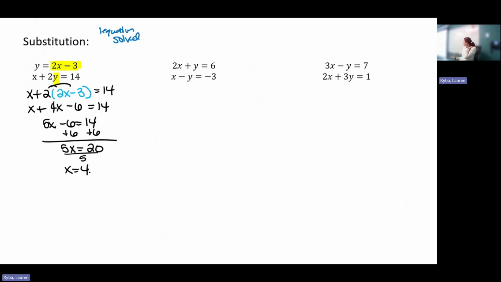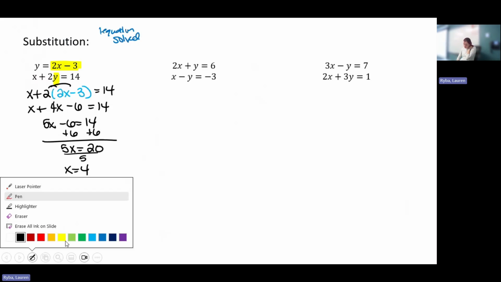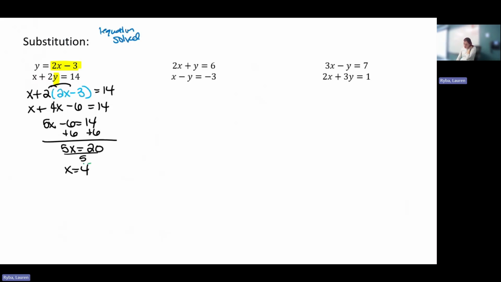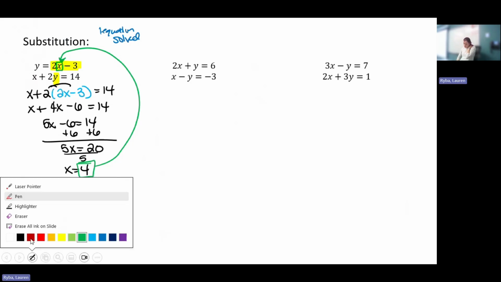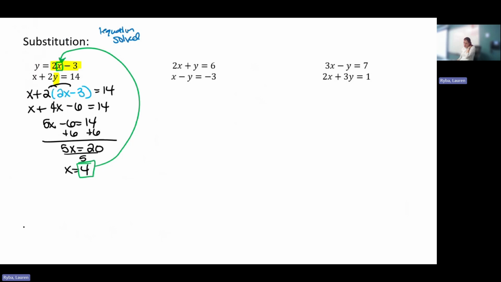Now, I'm not done yet because this involves two answers. I need an answer for both x and y. So what I'm going to do now is I'm going to take this value that I got here, x equals 4, and I'm going to bring it back up to that initial equation and plug it in for x. So we know that y equals 2 times x minus 3.